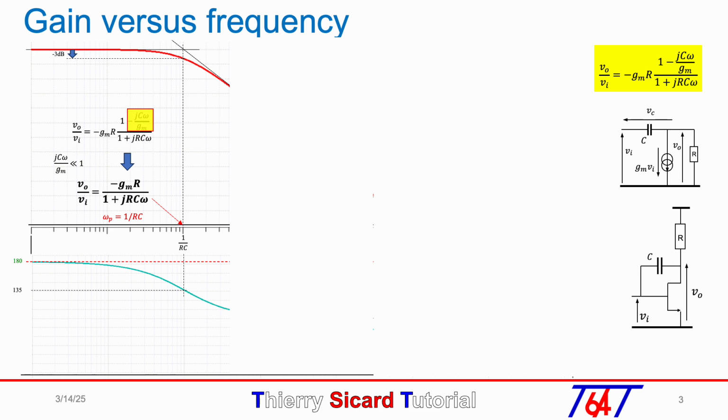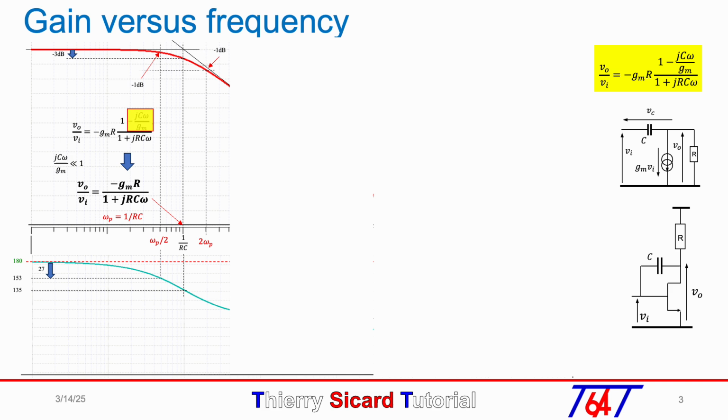It can be noted that at the angular frequency omega p divided by 2, the gain is minus 1 dB relative to the horizontal asymptote, which means the DC gain, and the phase is 153 degrees, which means 180 minus 27 degrees.